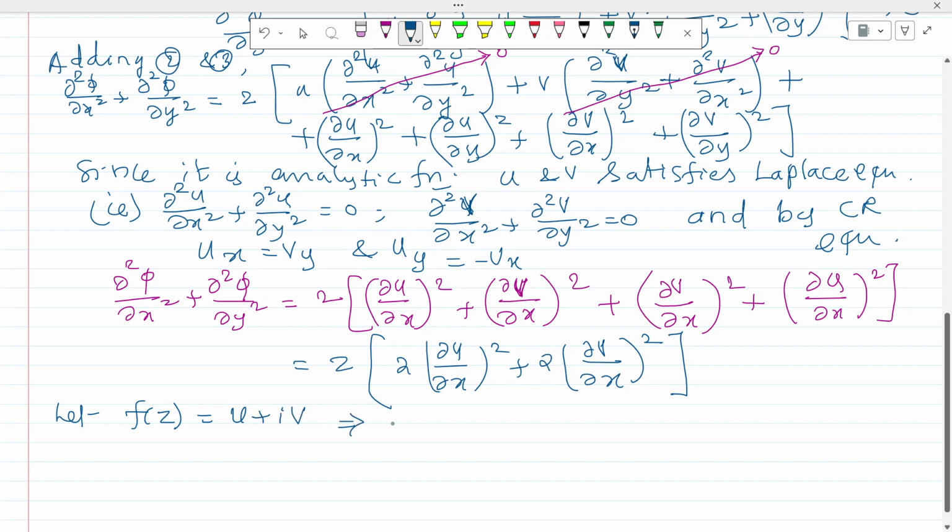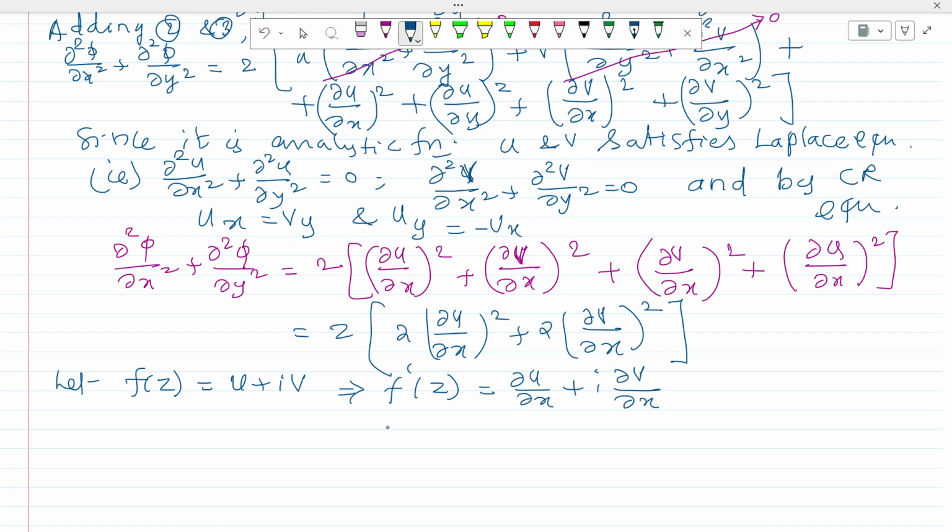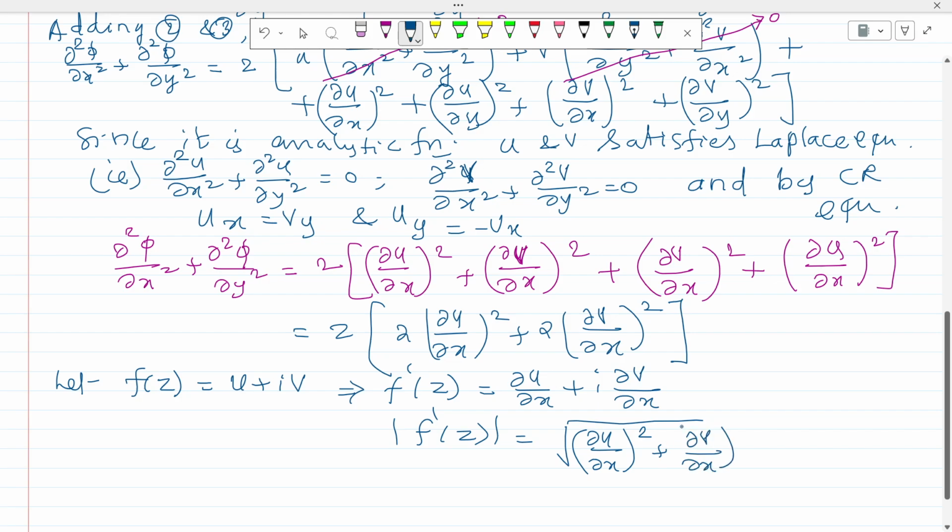That implies f'(z) = ∂u/∂x + i ∂v/∂x. Mod f'(z) = square root of (∂u/∂x)² + (∂v/∂x)².